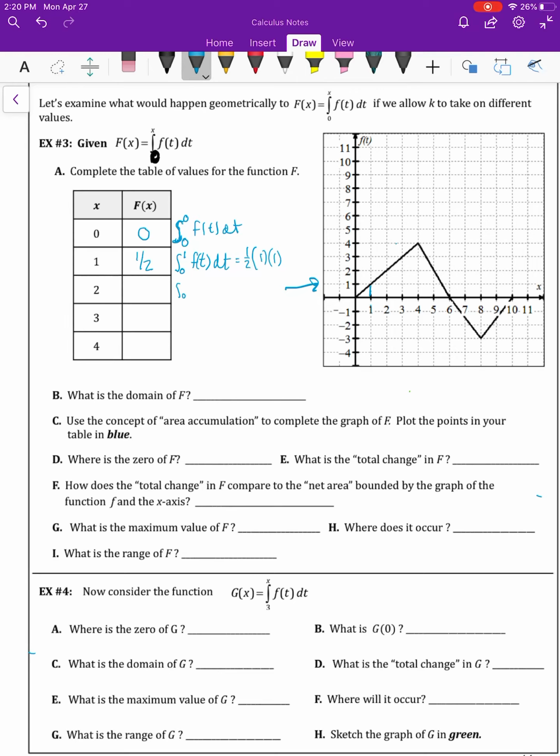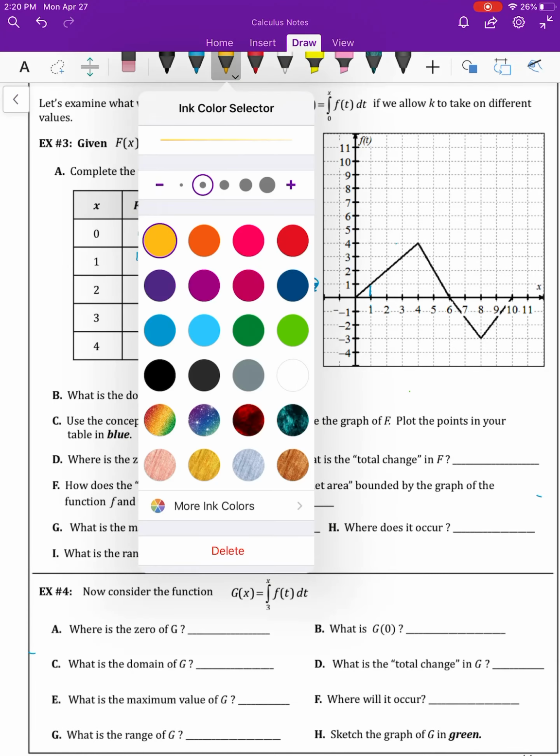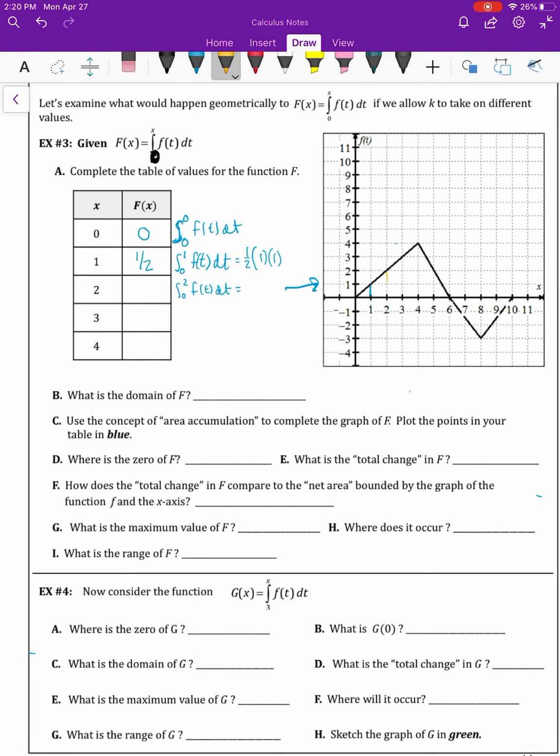And F of 2 would be the integral from 0 to 2, f of t dt. And so that one is now, instead of adding on a trapezoid, I'm just going to go ahead and calculate that whole triangle there. So now we have 1/2 times 2 times 2, which is going to be 2.